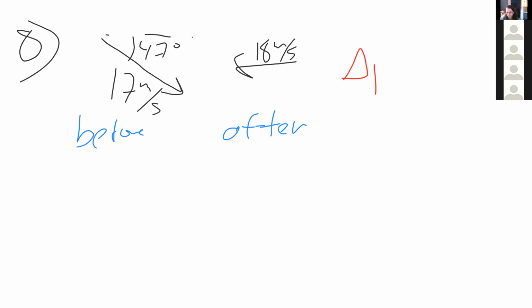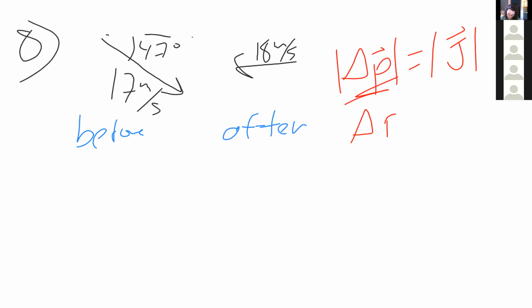The magnitude of the change of momentum is just the magnitude of the impulse, right? So I could also do force times delta t, but I don't have that. Anyway, I can still find this explicitly because delta p is equal to m times delta v.